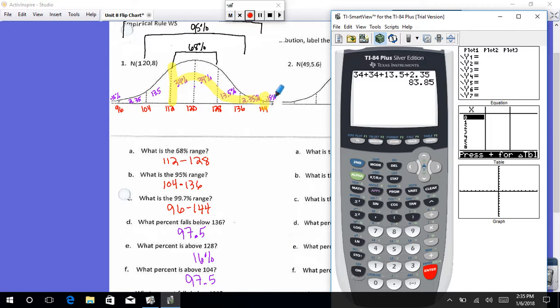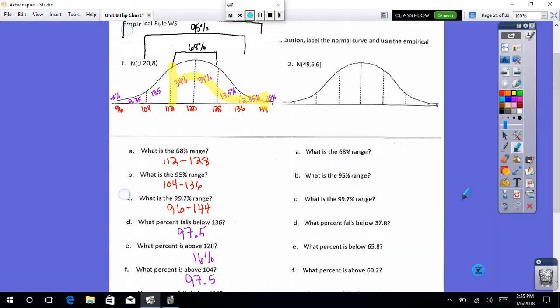It is excluding that 0.15. We went from 112 to 144, not beyond that. So 83.85.